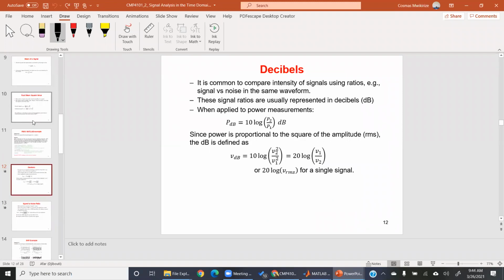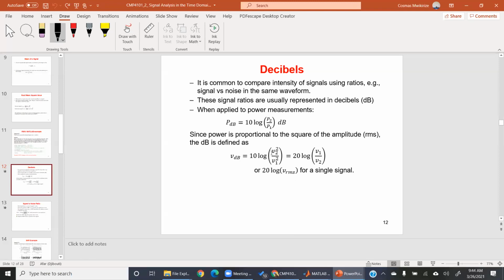I'm sure you have heard of power of a signal before. If you have two signals of different power, then the power in decibels is 10 log the ratio of the power. If you're dealing with voltages, then it becomes 20 log the ratio of the voltages, simply because power is proportional to the square of the voltage, as in P equal to V squared over R. Since R is a constant, where there's P, we can put V squared because the R's are going to cancel for the same system.